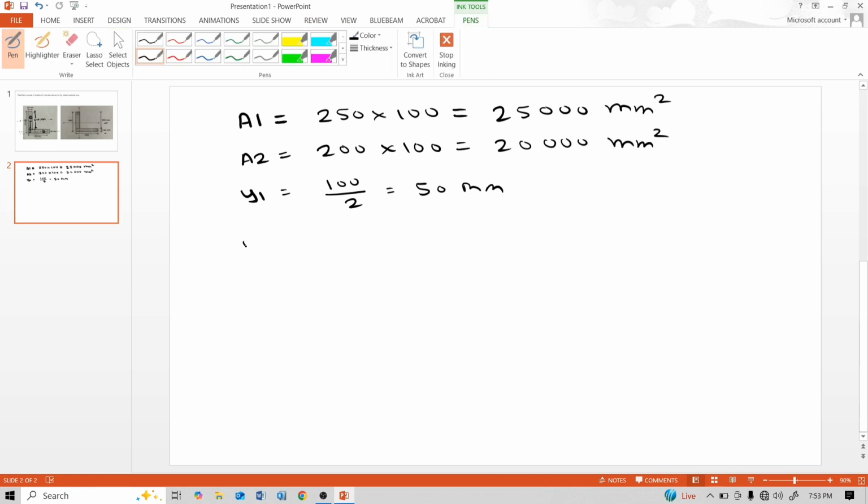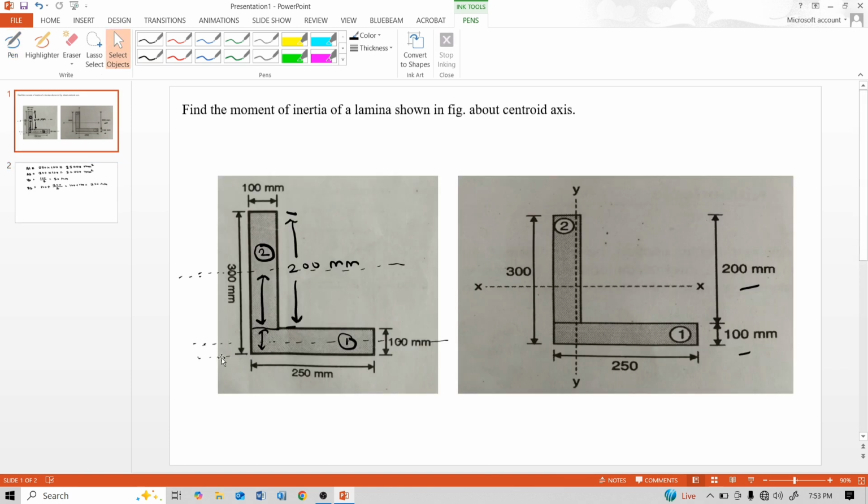Y2 is equal to 100 plus 200 by 2, that means 100 plus 100 is equal to 200 mm from the bottom, from this to this distance.